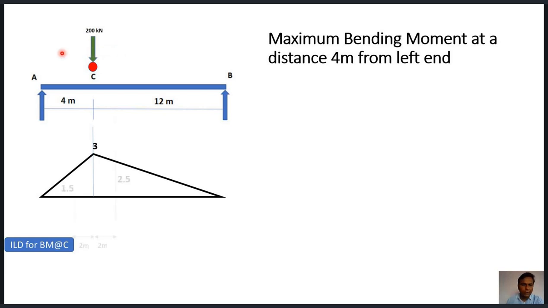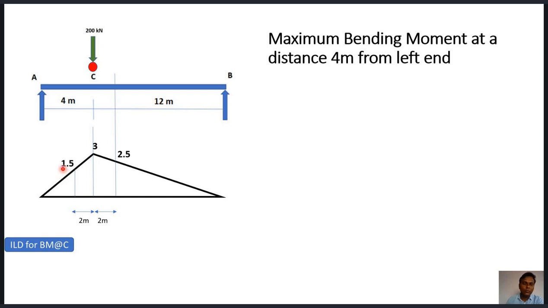For that you have to first find out the ordinates in this influence line diagram at a distance 2 meter on both sides. If I take a 2 meter distance on the right hand side in this diagram, I can find the respective ordinate as 2.5. Similarly, at a distance 2 meter on the left hand side, I can find the respective ordinate, that is 1.5.